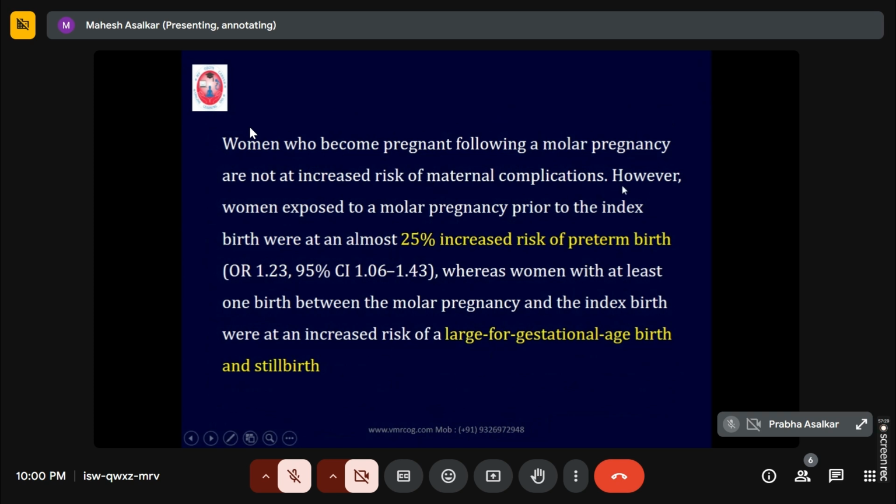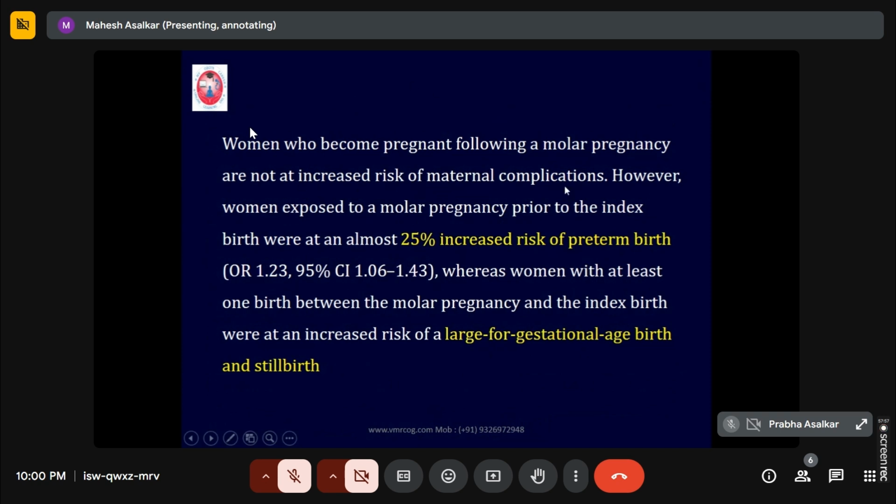Women exposed to the molar pregnancy prior to the index pregnancy have a 25% chance of preterm birth. So previous molar, in this pregnancy there is a 25% chance of preterm birth. However, if there is one birth in between, that means a molar pregnancy followed by one delivery, and now this is the index birth, in that case they are at risk of LGA and stillbirth.